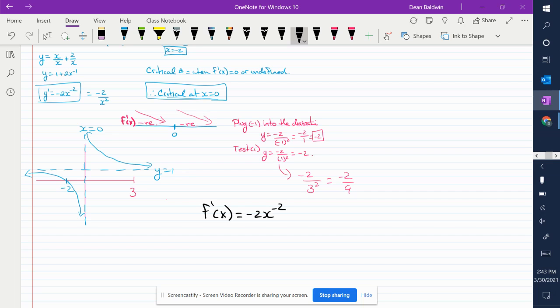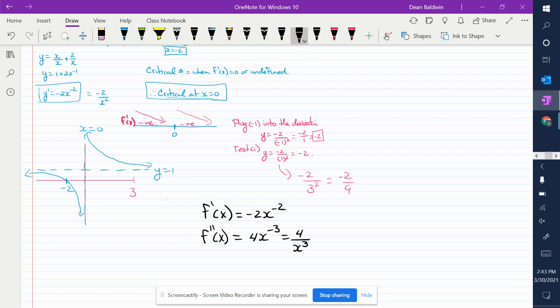We're going to take the derivative again. What's the second derivative? There you go. 4x to the -3, which means 4 over x cubed.